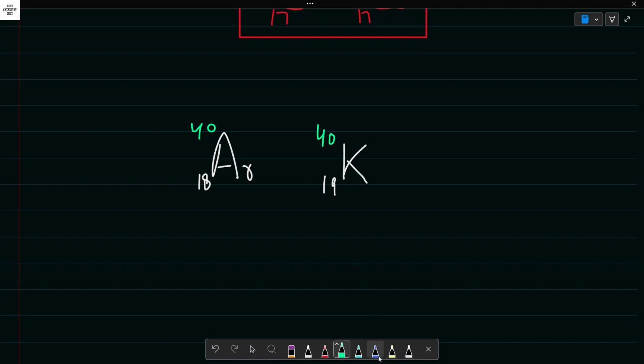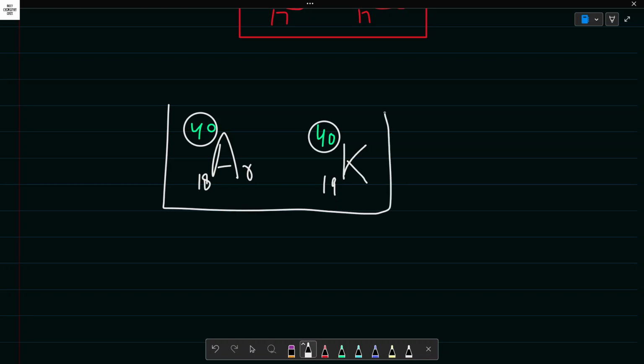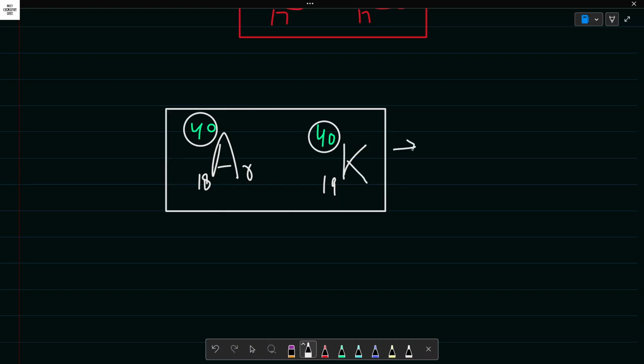So both of them have the same mass number, 40 and 40. So they will be called isobars. Isobars are the species which have different atomic number but the same mass number. That's how you deal with these things.